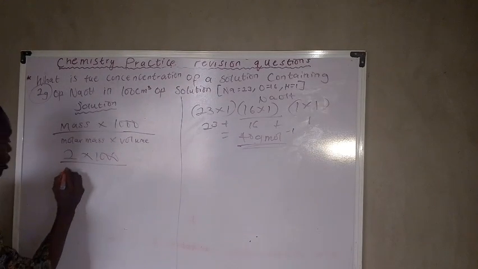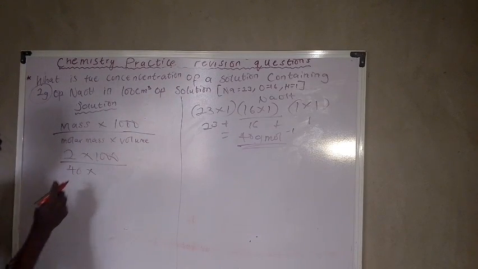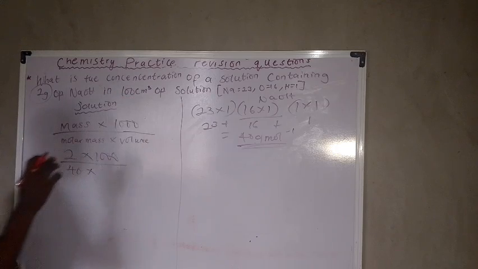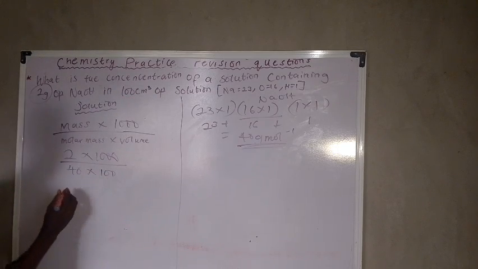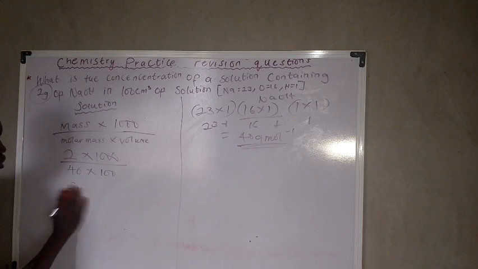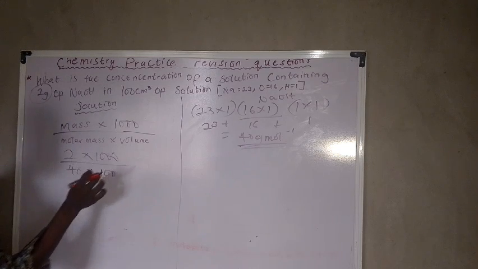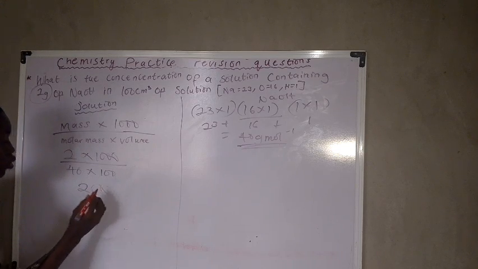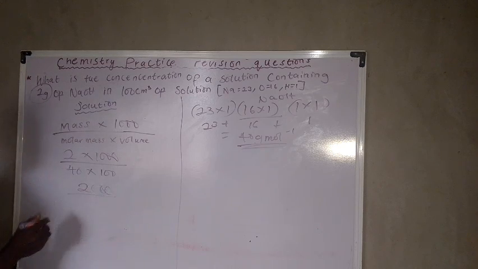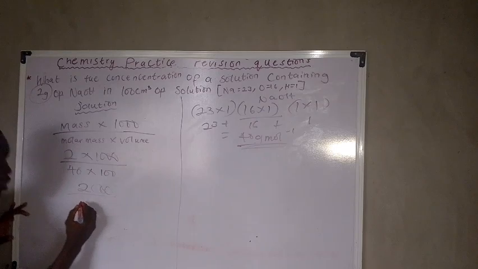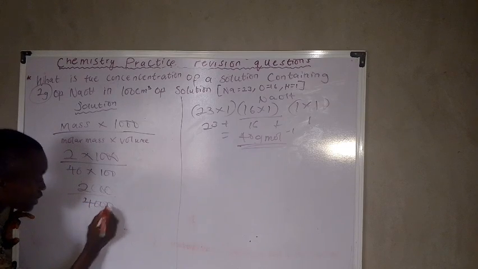Now let's input it. 40 times our volume. What is our volume? Our volume is 100. Now let's solve. 2 times 1000 is going to give us 2000 over 40 times 100, which is 4000.